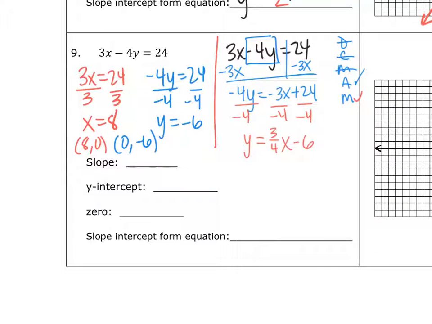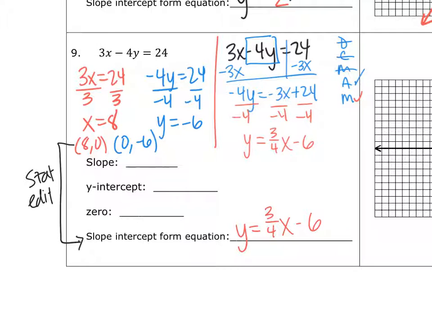So no matter which equation you are using, or which way you are using, you can find this same equation. If you're doing this method to go from your 2 points to your slope-intercept, you would use StatEdit, and it would tell you the equation.